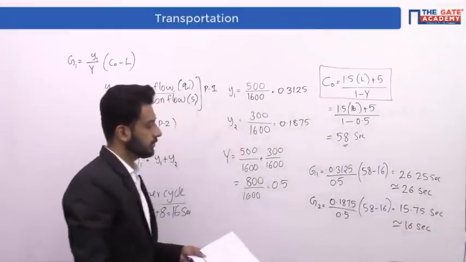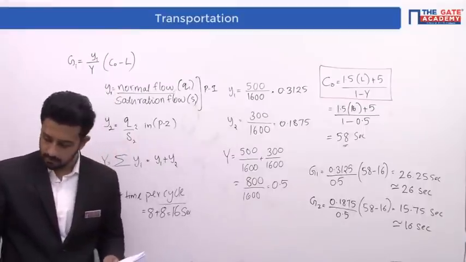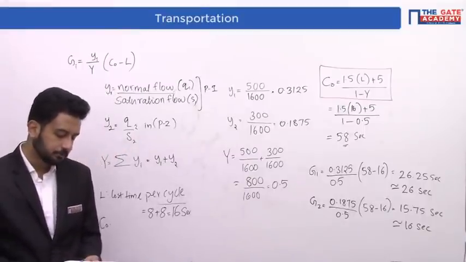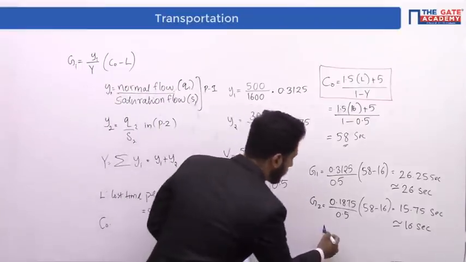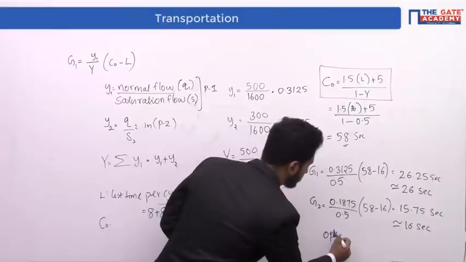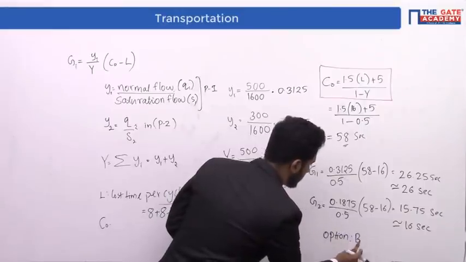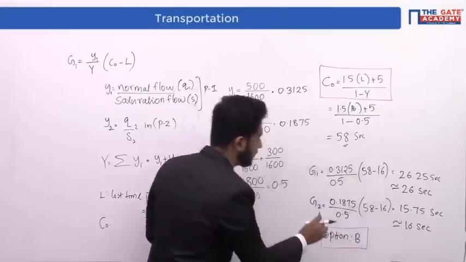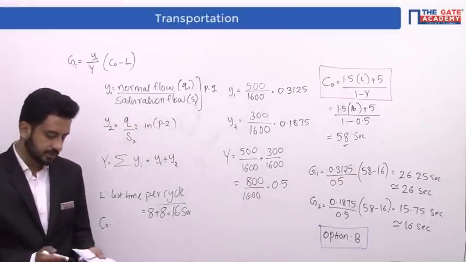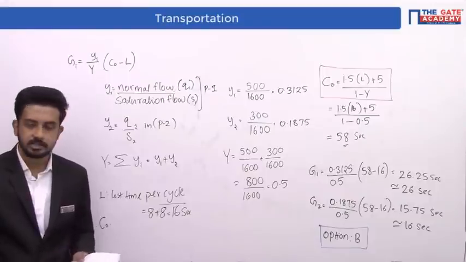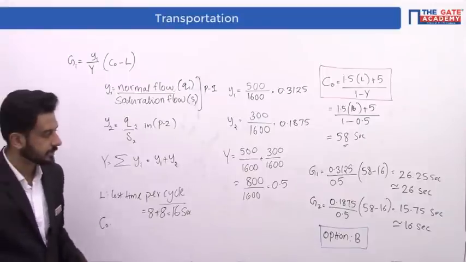Okay, so 26 and 16. What is the correct option? 26 and 16, so you will get option B as the correct answer. Okay, so for the first phase 26 seconds, and for the second phase 16 seconds.